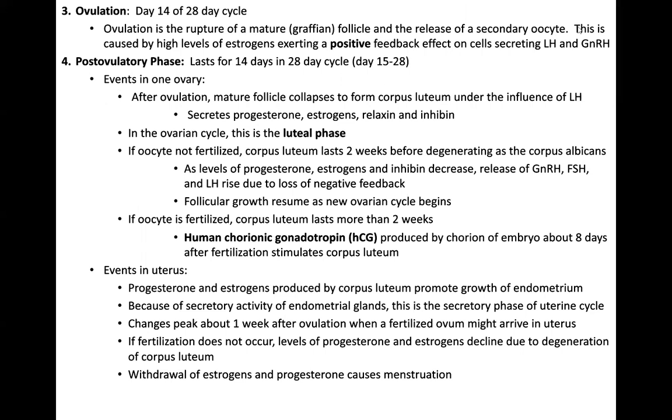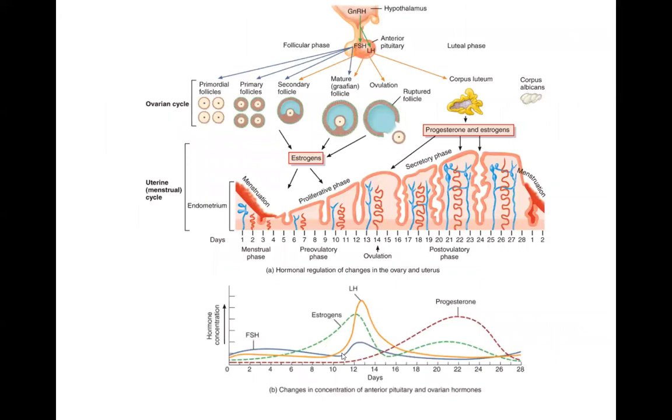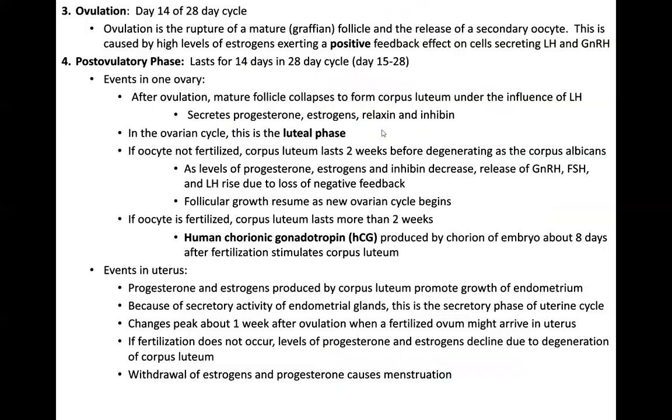Remember I told you, as we talked about luteinizing hormone, it is the hormone that most directly triggers ovulation. Well, high levels of estrogens trigger high levels of LH, and you'll see that here. Actually, let me just show you on the next page. Looking here on the next page, we see LH and FSH peaking around day 14, which is when that female pops that bubble and the egg gets released.